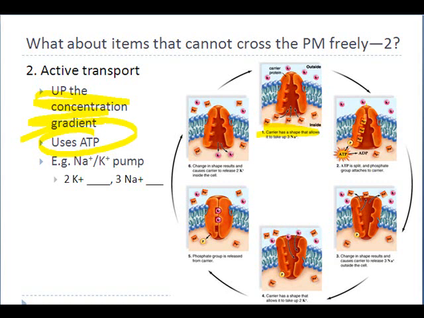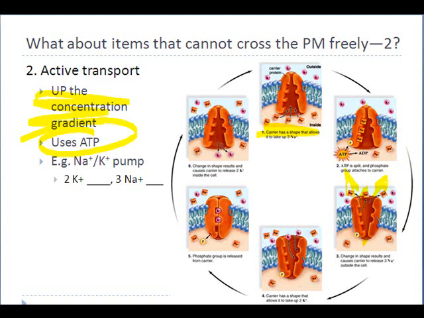There are 3 sodiums attached, and they are attached with the help of energy needed for sodium to attach to the carrier protein. This is almost like a door that opens on the other side. When the configuration of the carrier protein changes, it pushes the sodium out.